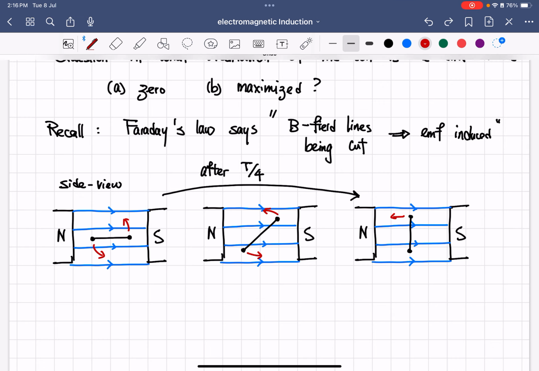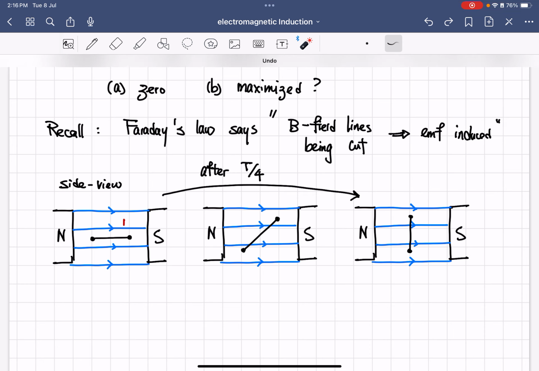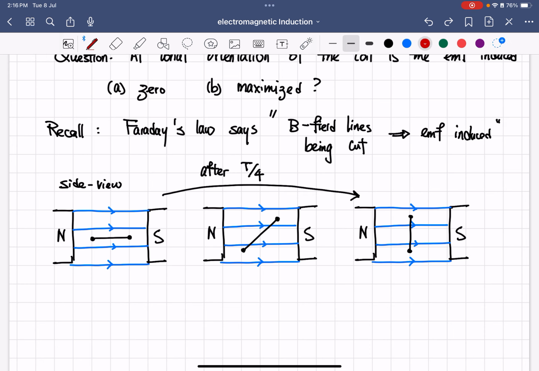I'm not drawing the force, I'm just drawing the direction of motion, for example the velocity of the coil. So this is going up like this, going up like this, and so on.